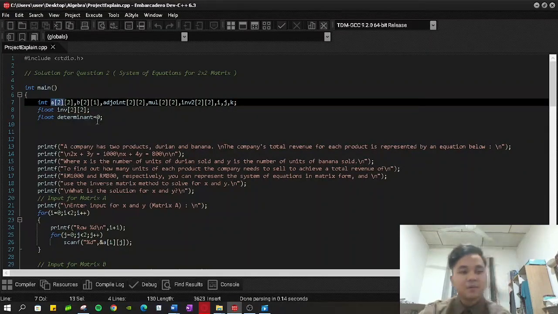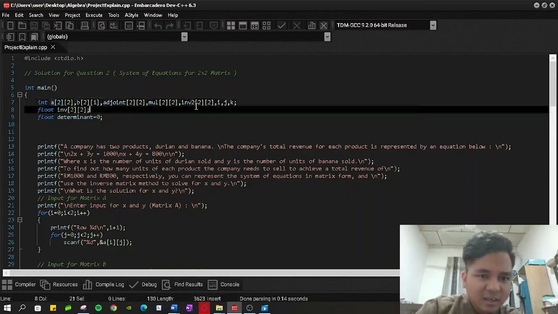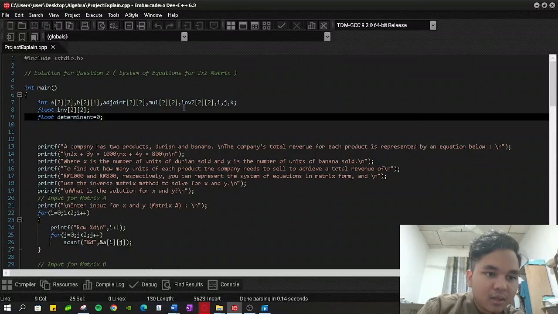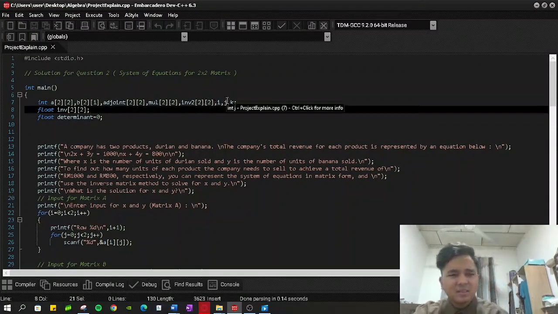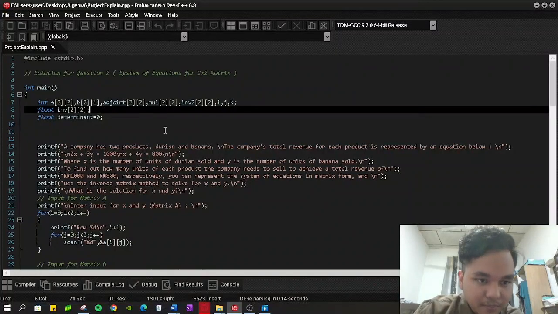Matrix A is for input, B is for the second matrix, adjoint for adjoint. Mul 2 by 2 is equal to multiply array. So inverse 2 means for inverse, it is a little bit different, but it has the same thing, inverse.